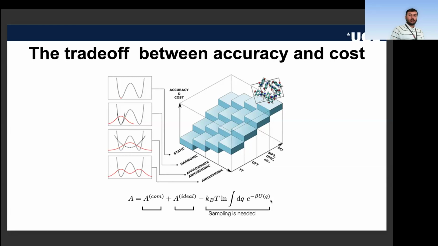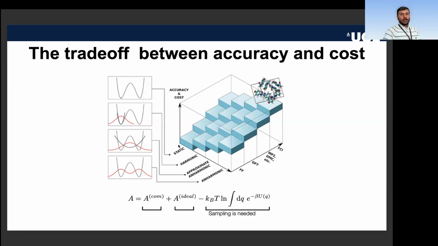The points where the energy is low enough such that this exponential contributes are the relevant regions. Since all observables can be estimated as a derivative of the free energy, you understand that it's not sufficient to do one single point calculation. You often have to have an ensemble of points which correspond to the configurations which would be visited at finite thermodynamic conditions and do a Boltzmann average across that.